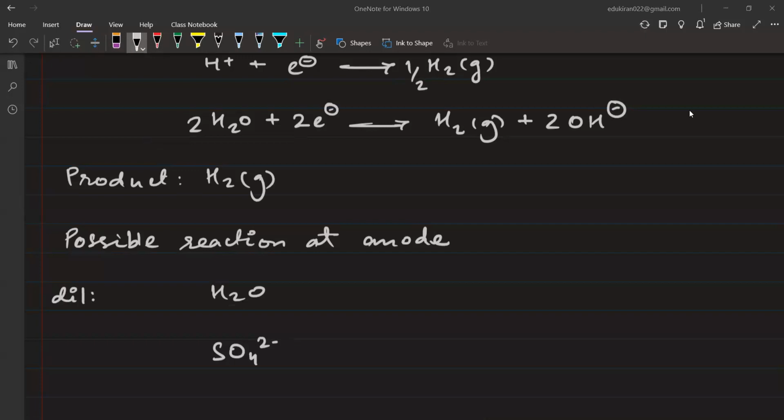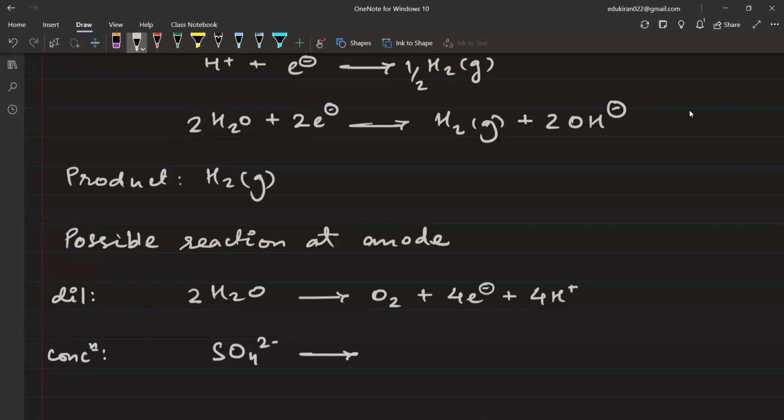Water will get converted to O2 gas plus it is going to give you 4 electron and 4 H positive. And we are going to use how many water molecules? I think 2 water molecules. ठीक है. अब जब concentrated होगा, so in concentrated solution, what will be there? H2SO4 concentration will be very high. SO4 2 negative will be abundant and they can easily reach the anode. That is why this reaction is going to happen.